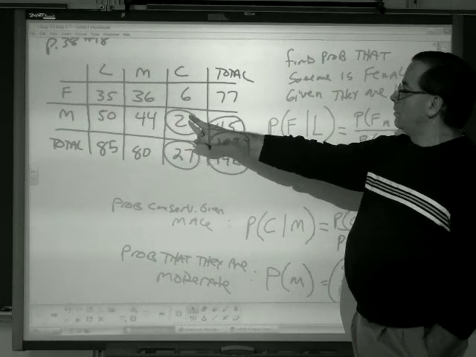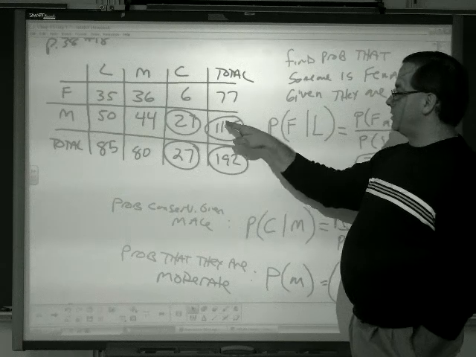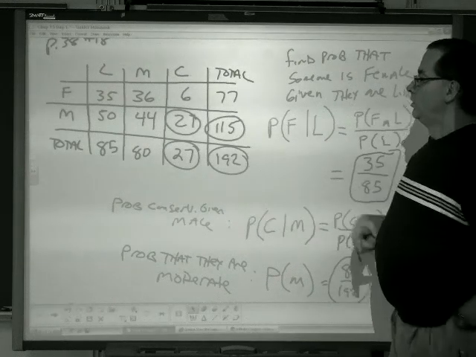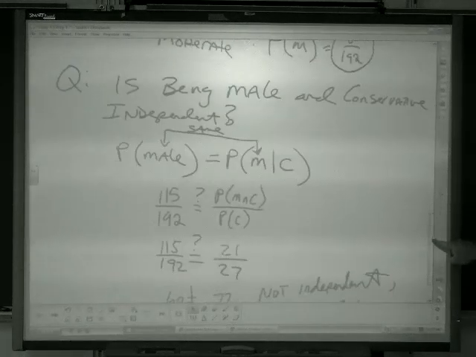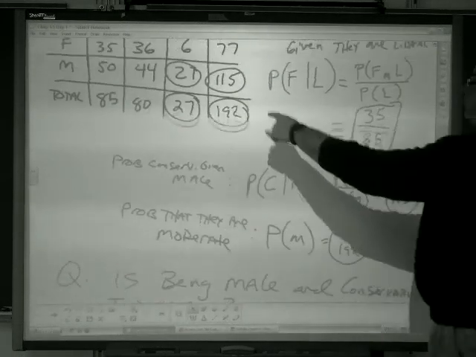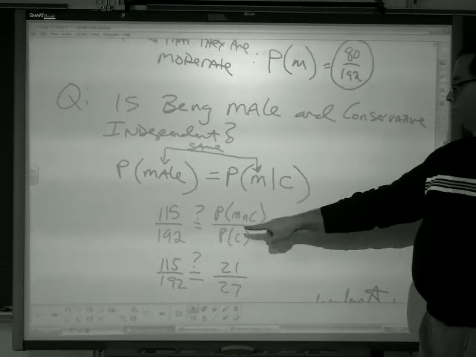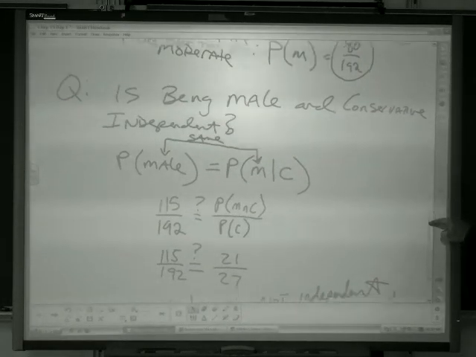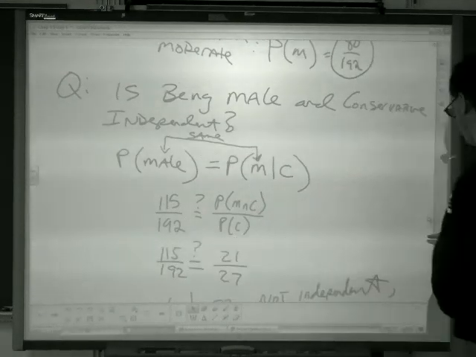You can set up the fractions either way you want, but you can take a look: 21 out of 27, 115 out of 192, or you could run them this way, either way. Male, 115 out of 192. Male given conservative, 21 out of 27. Same two fractions we identified in our chart.